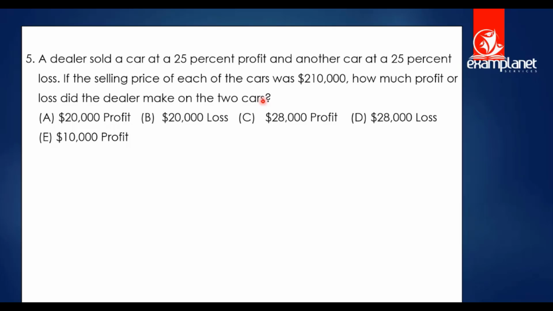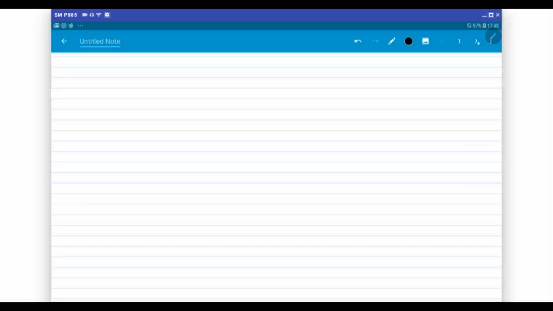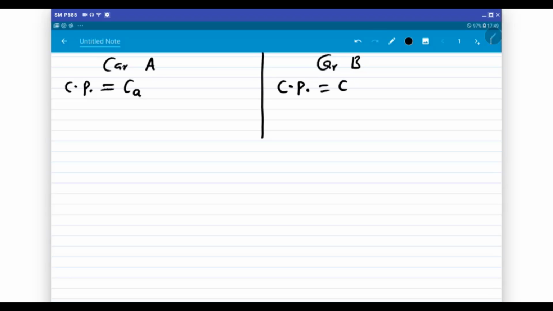All right, so let's look at the solution. So let's say car A, and here I have car B. All right, now for car A, the cost price I don't know, so let me say CA. And for car B, the cost price I don't know, so let me say CB.